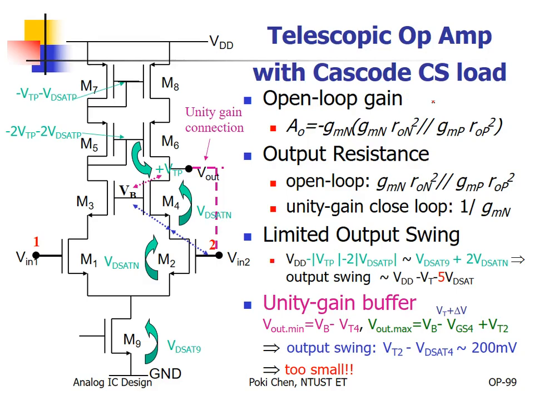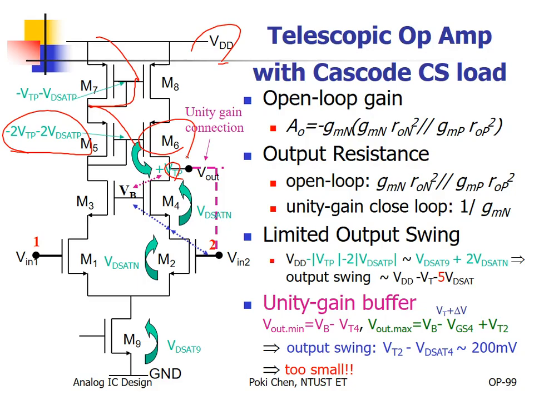Anyway, how to estimate? From here to there, 1 VT plus 1 delta V, and again the other VT plus the other delta V. So right now, it is VDD minus 2 VT minus 2 delta V. How about the maximum voltage here? According to PMOS, it can be 1 VT higher.